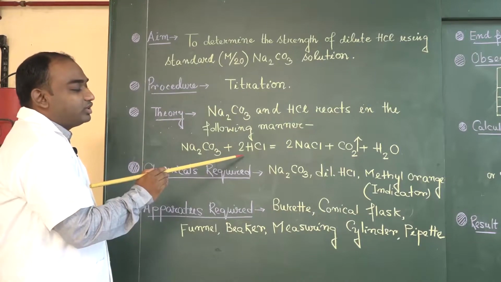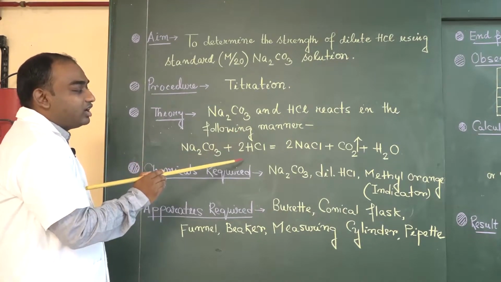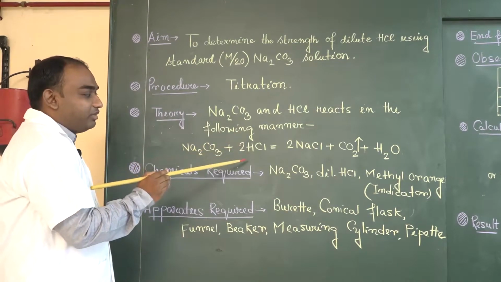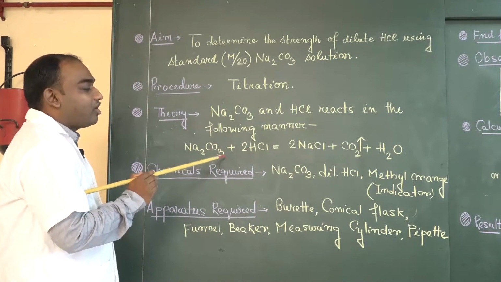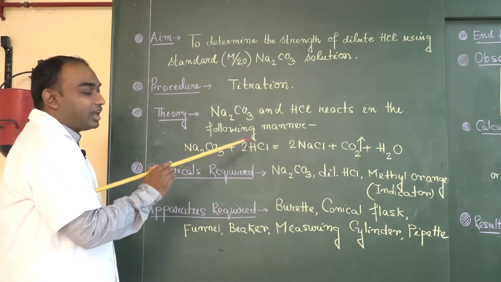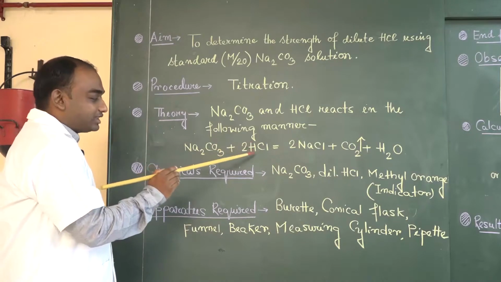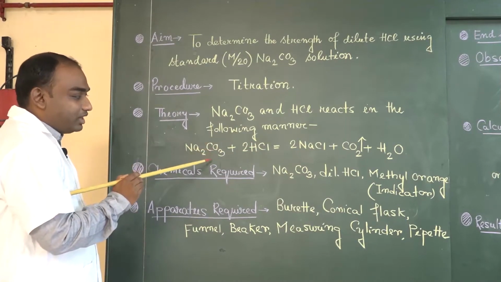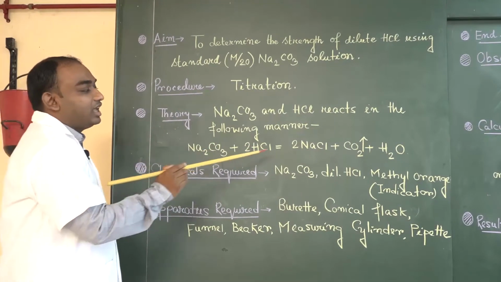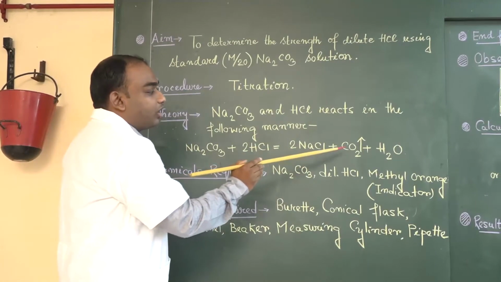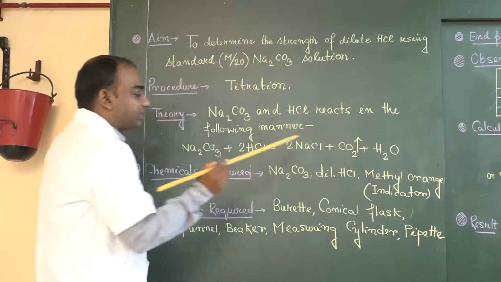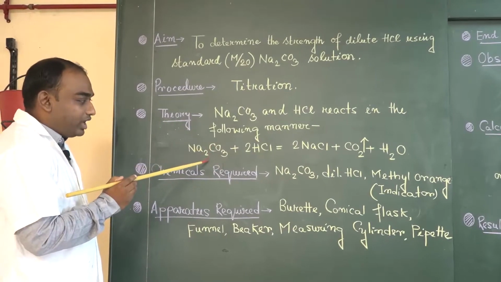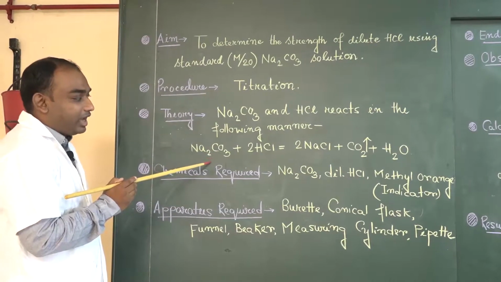This reaction, students, is very common to us. We are very much familiar with this reaction, because we have done it in class 10, that when acids react with carbonates and bicarbonates, they give salt, water and carbon dioxide. In this case, sodium carbonate is the metallic carbonate.